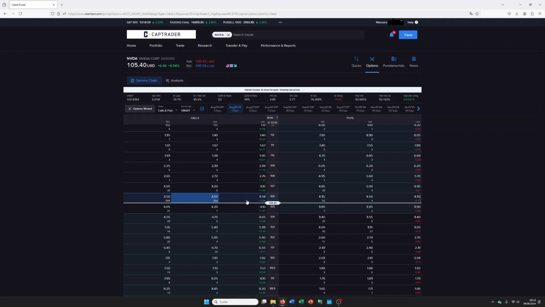You have to be aware that if you're trading options, you are always trading in a multiple of 100. So if you are trading a long call in this scenario, it is at $3 and around 60 cents. But it's not that you only pay $3.65 if you buy one option. You always have to multiply it by 100.